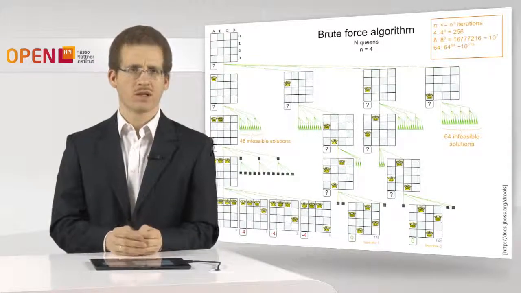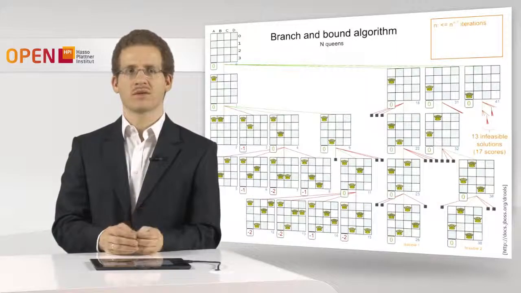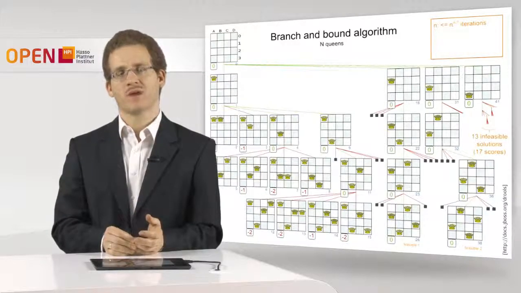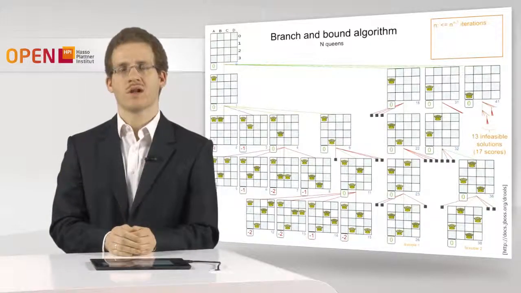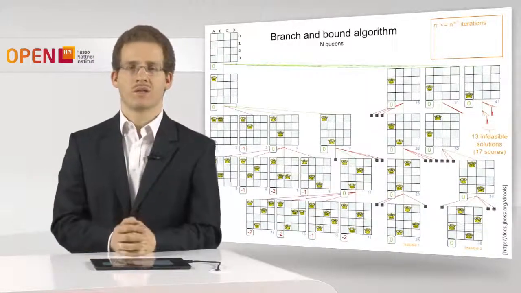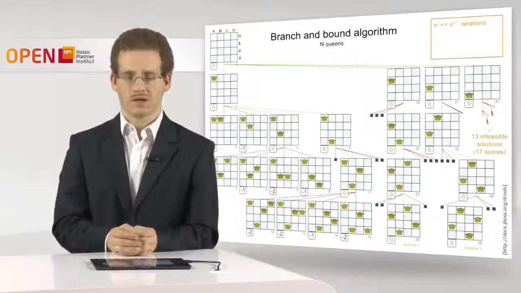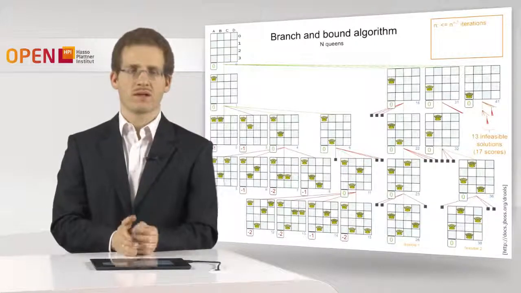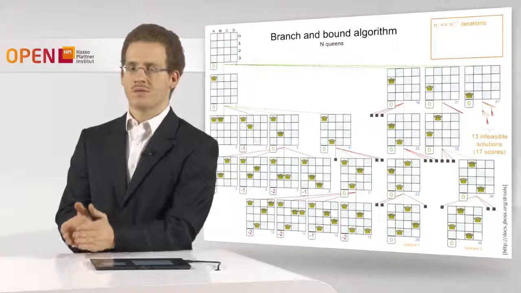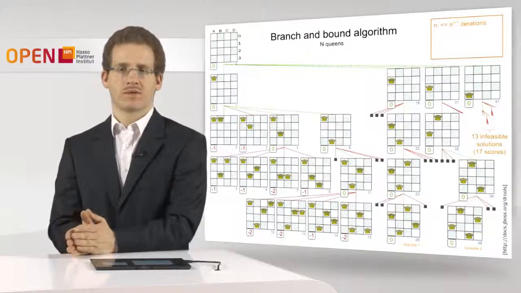This is not very efficient, so a little bit smarter approach would be a branch and bound algorithm, where you immediately try to figure out from a given configuration what are feasible next steps, and you only try out these feasible next steps and you ignore all the other solutions that are obviously not working in this situation. Dealing with branch and bound, again, gives you a different scenario in your communication graph, in your task grouping, and you now need to figure out if this matches the environment or not.